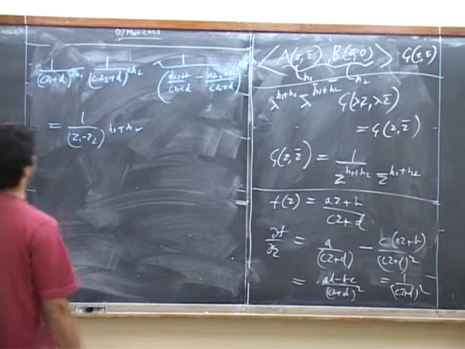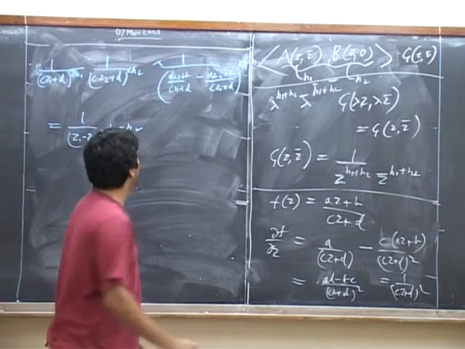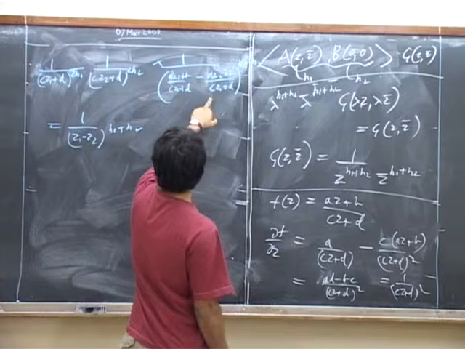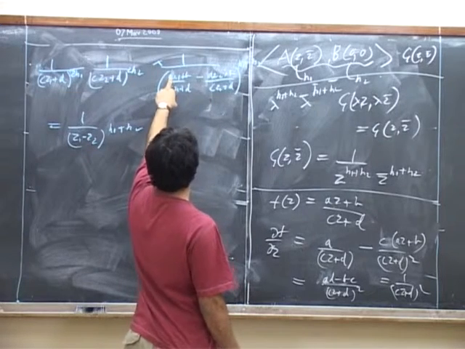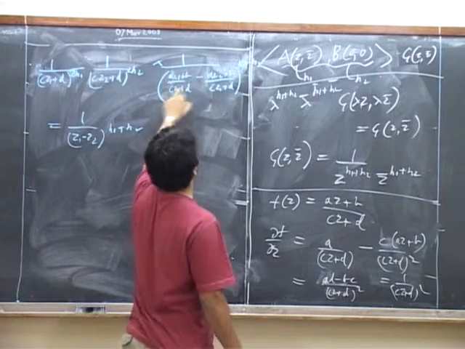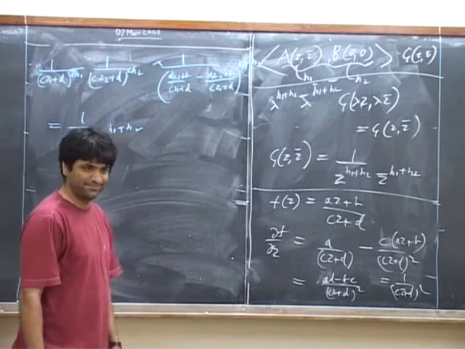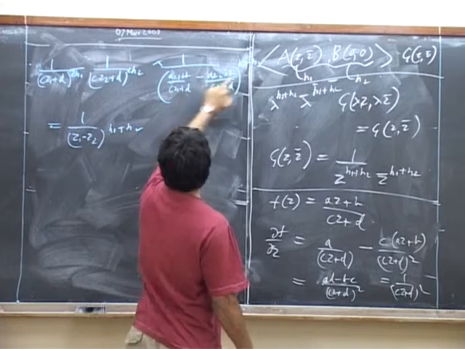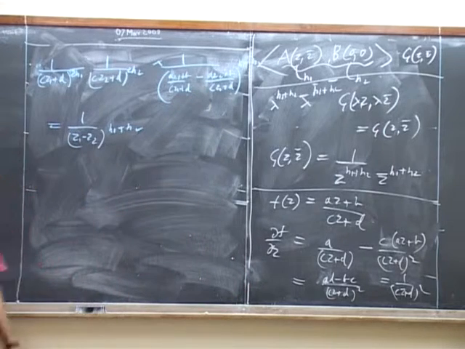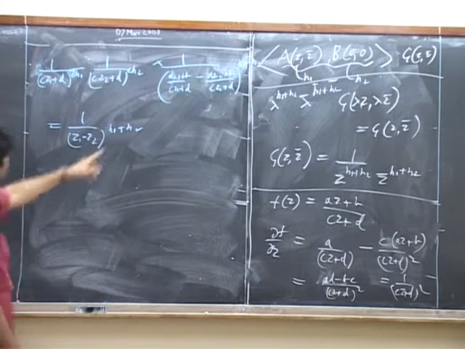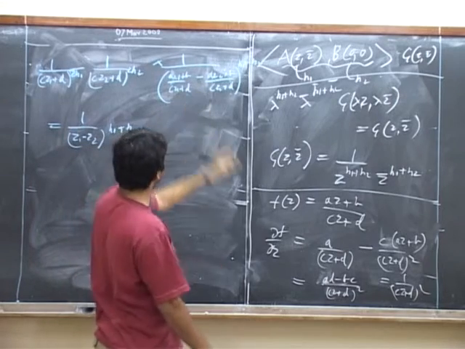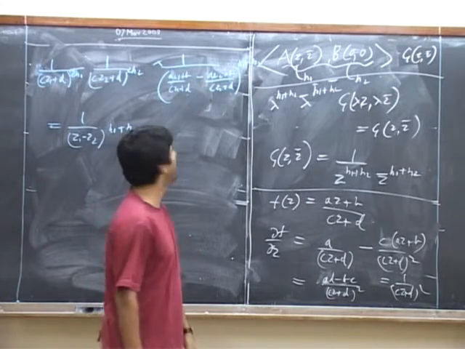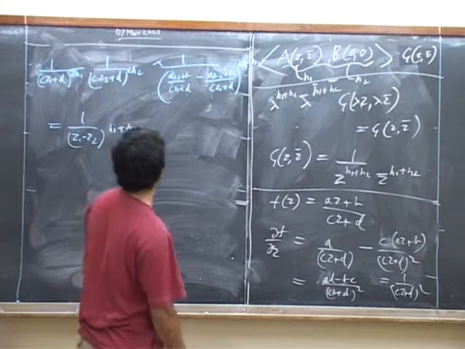Okay, now let's simplify this guy. You see that the terms that involve Z1 times Z2 cancel because they come with an AC here and an AC. The terms that involve just a constant also cancel because they come with a BD here and a BD here. So the only terms that are non-zero are those that involve just a Z1 or just a Z2. Let's look at the terms that involve just a Z1.